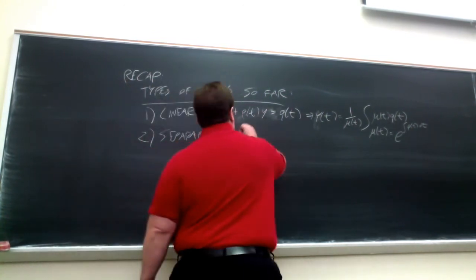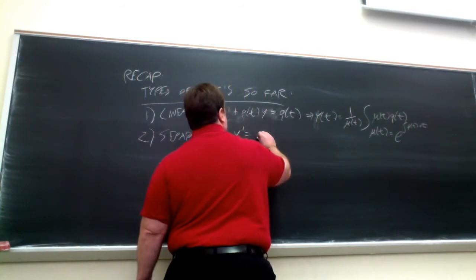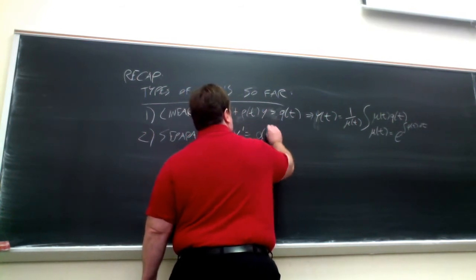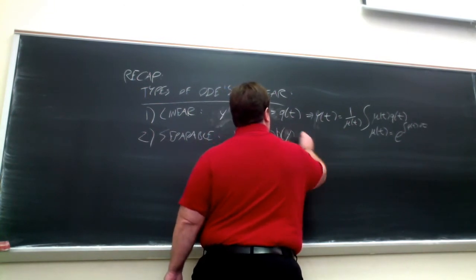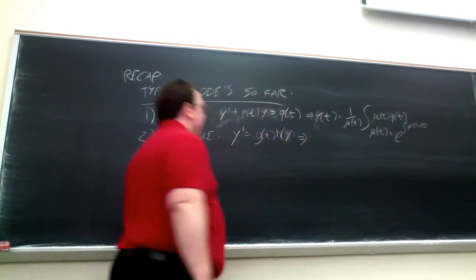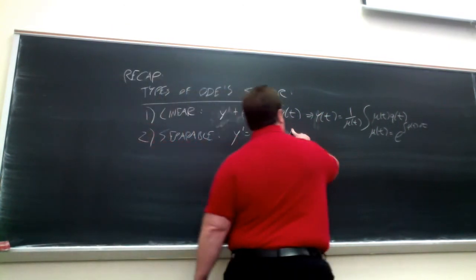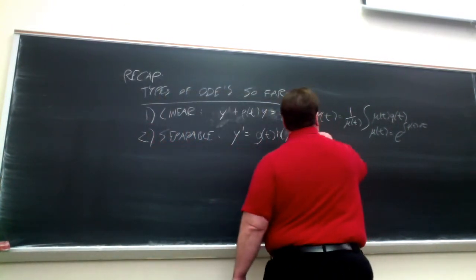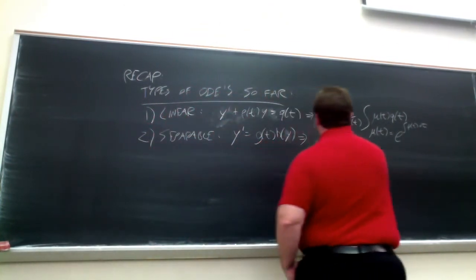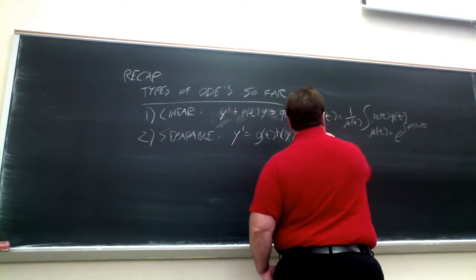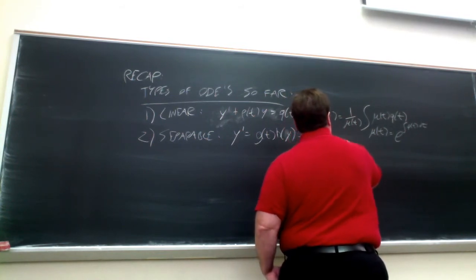separable equations. y prime is equal to some function of only t times some function of only y. And so in this case, we do not necessarily have an explicit formula for the solution.